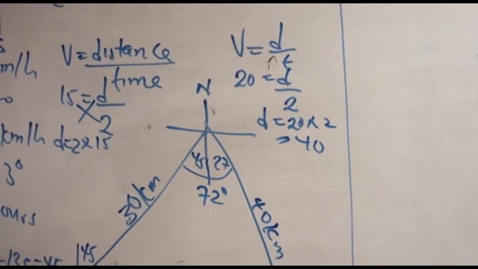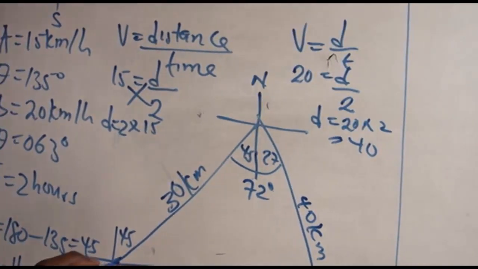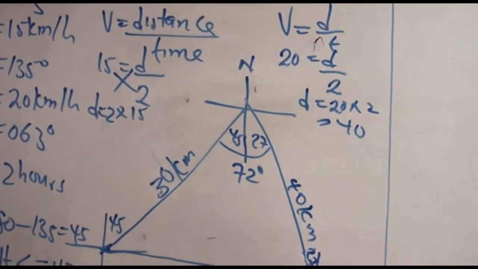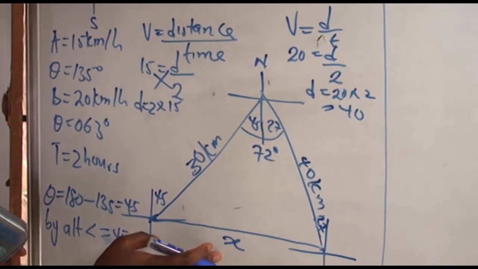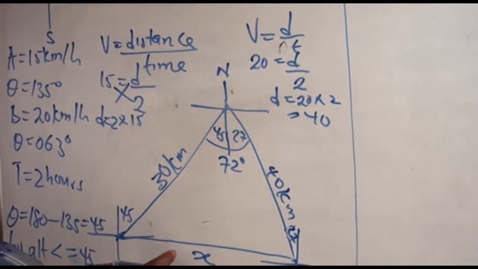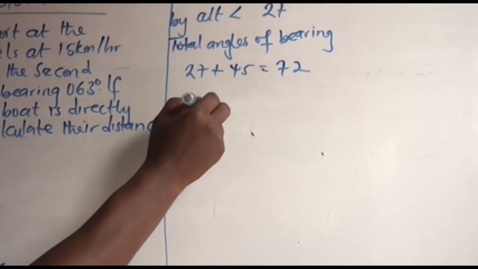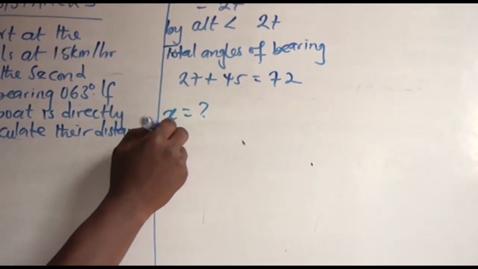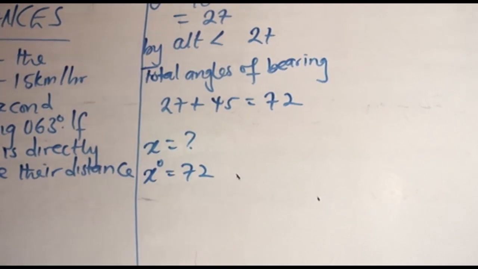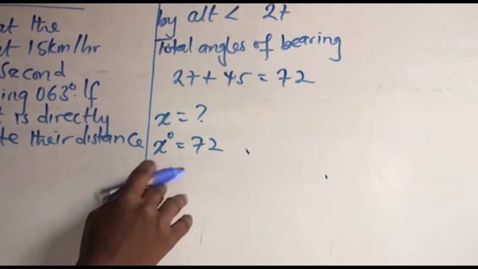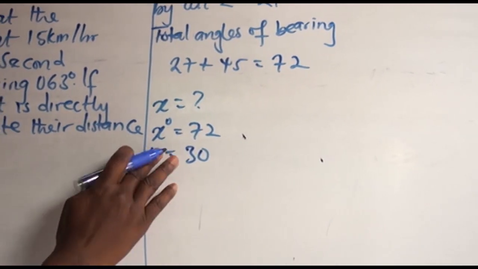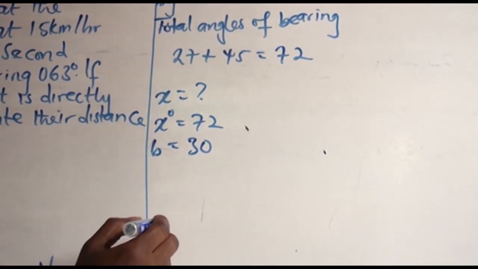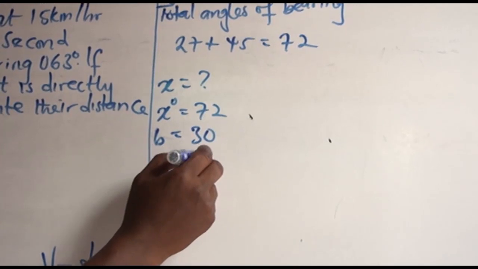Now we are free to calculate the distance apart of the two boats, which is S. Our X is unknown, and the angle X is 72 degrees. Small b will be 30, while small a will be 40.